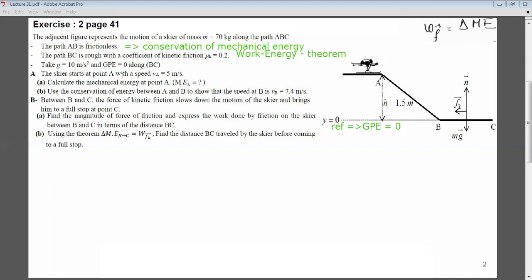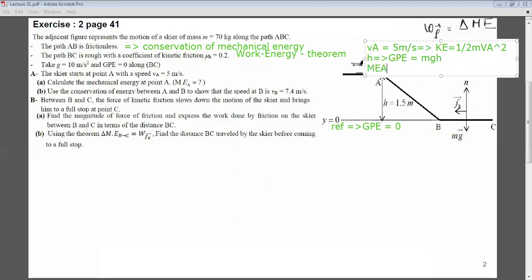The sphere starts from point A with a speed VA equal 5 meters per second. So VA is equal to 5 meters per second. Calculate the mechanical energy at point A. So the sphere has a speed, which implies it has kinetic energy, which is half mVA squared. It's also at an altitude h, which implies it has GPE, which is mgh.